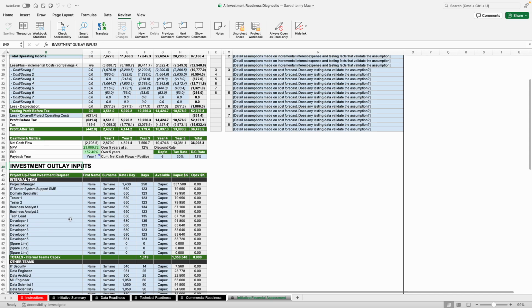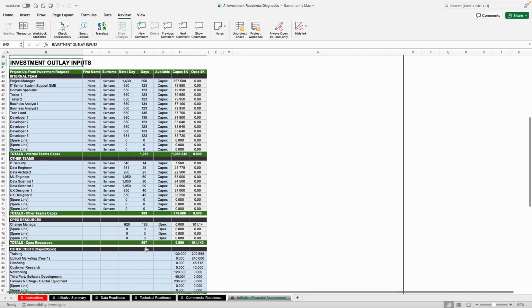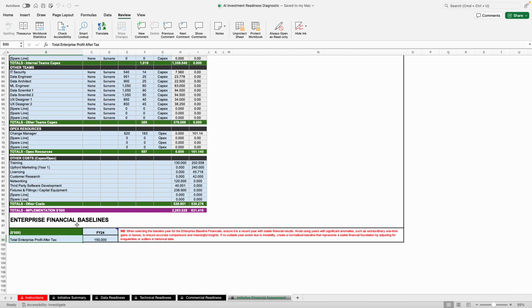This really helps understand the upfront CapEx and OpEx investment requirements of the proposed application. And finally, the enterprise financial baseline. Once these inputs are entered, the diagnostic automatically calculates the commercial readiness scores in the previous section. The inputs within this sheet are also used for outputs within the final initiative summary assessment sheet.